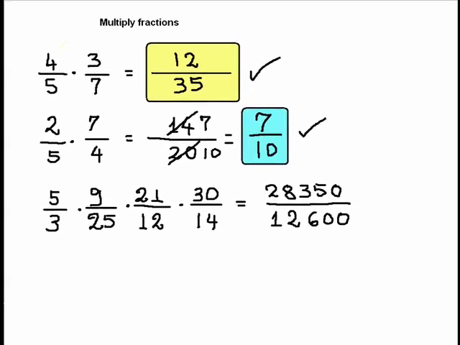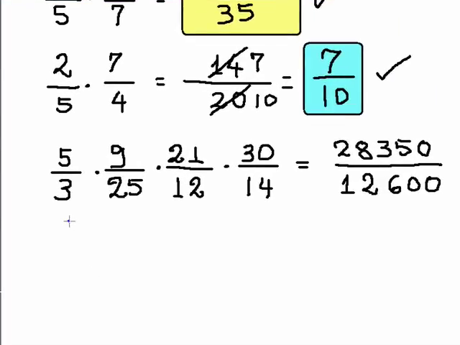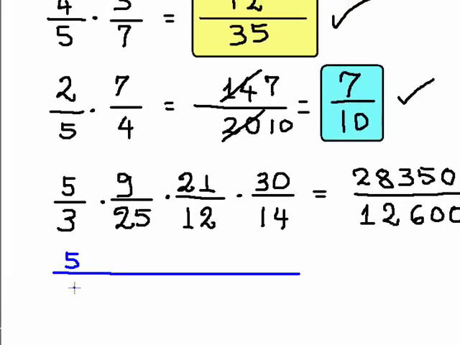So what would you do? Okay, let me show you what I will do. I will rewrite now the numerators and the denominators that I have for this product, but I'm not going to perform the multiplication. I will just put them together. Not only will I put them together, but I will try to write them simpler.